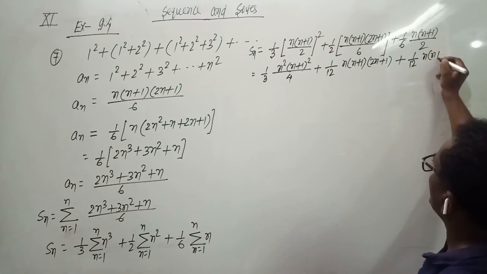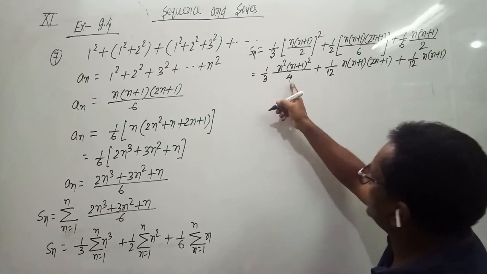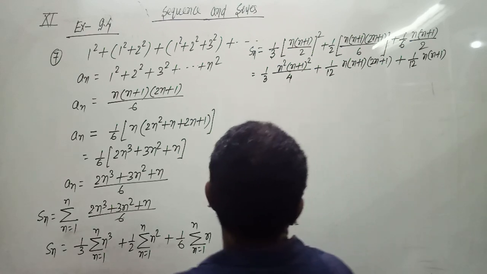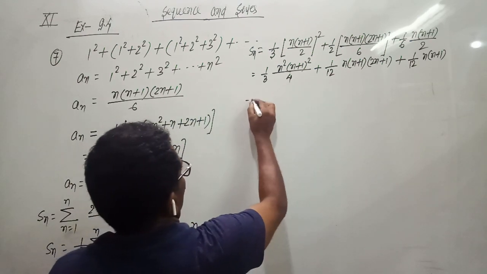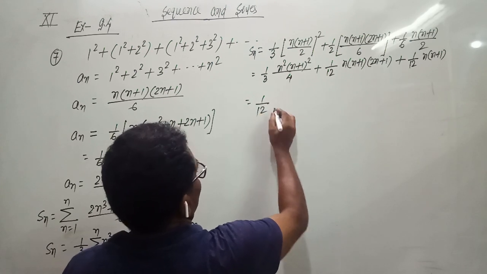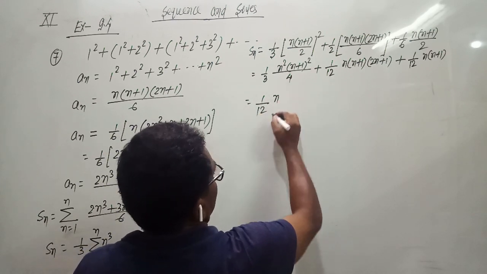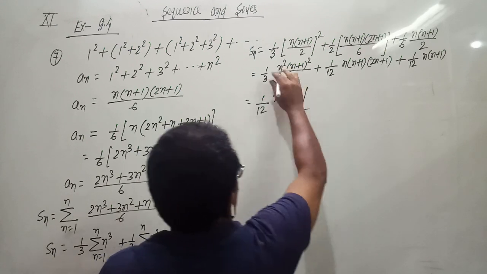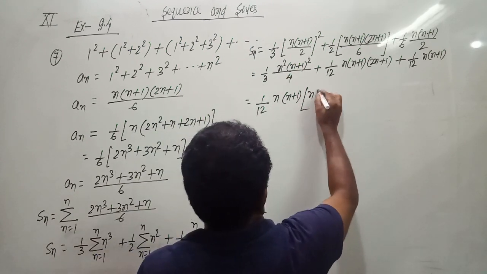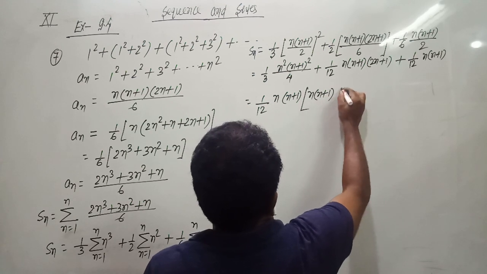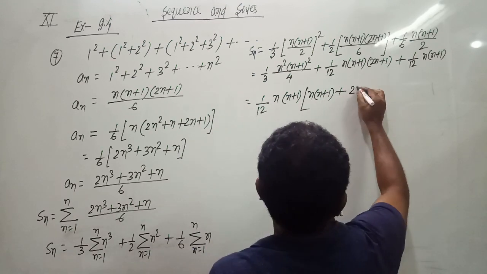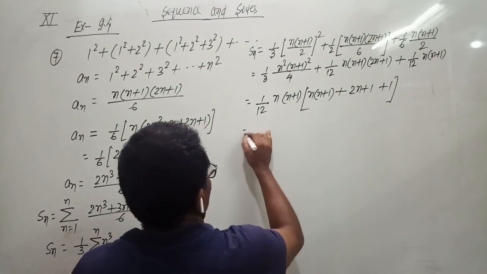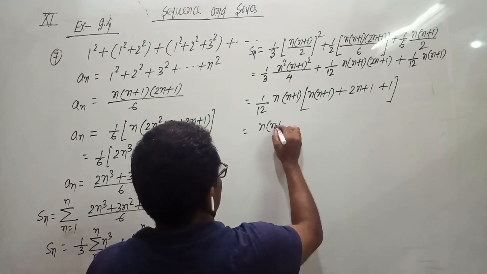This is also 3 4 ja 12. Now we take the common from the entire terms. So the common is 1 by 12 and n into n plus 1 is common. So here we get n into n plus 1 plus 2n plus 1 and plus 1. So n into n plus 1 upon 12.